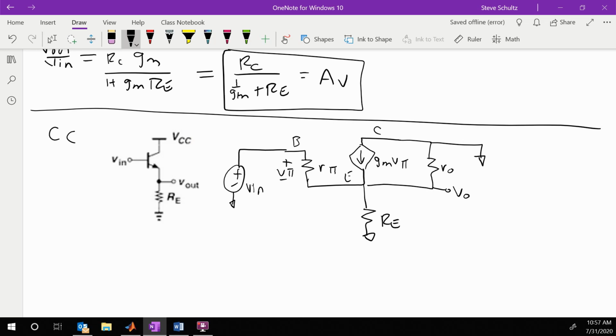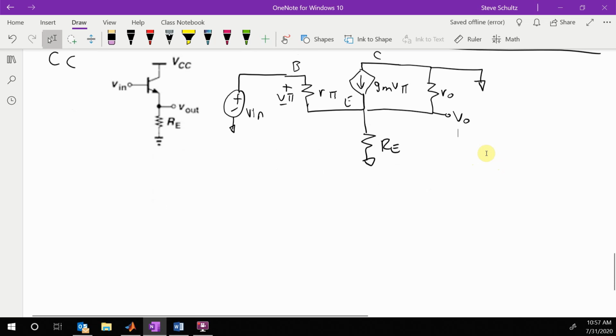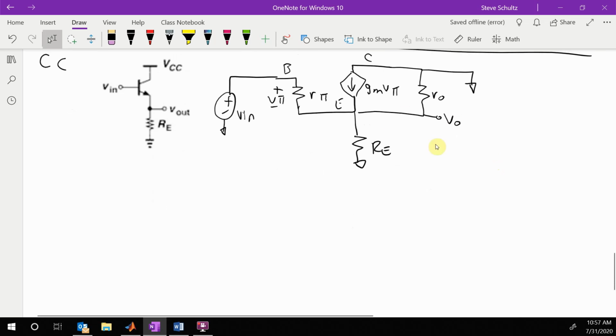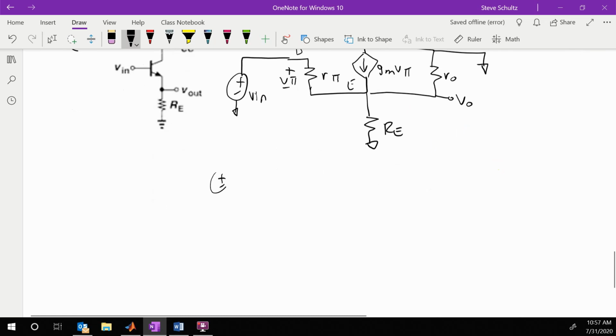So now you can kind of see that I have a ground up above, so we want to redraw this so that our ground goes down. So here is our V in, which is connected to ground. We have our R pi. We have our RE. We have our RO.